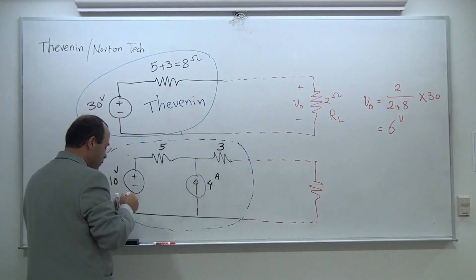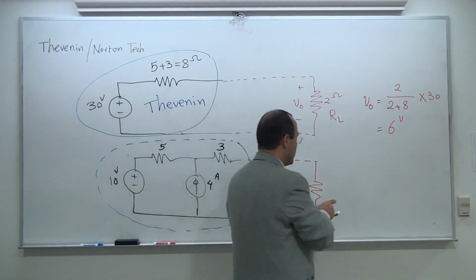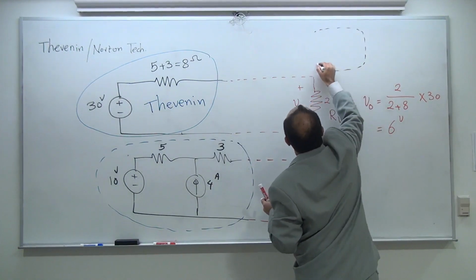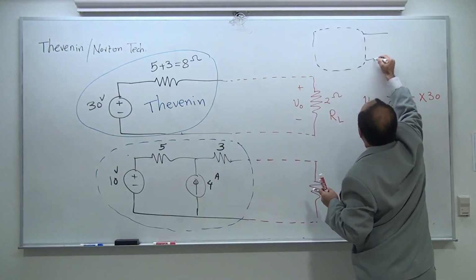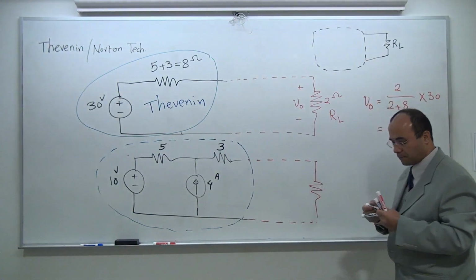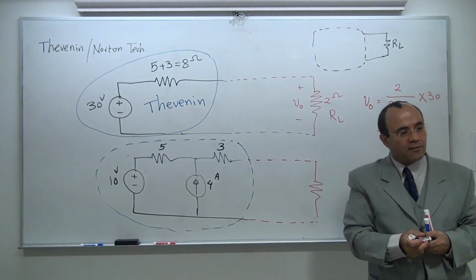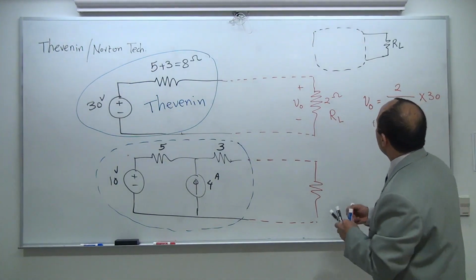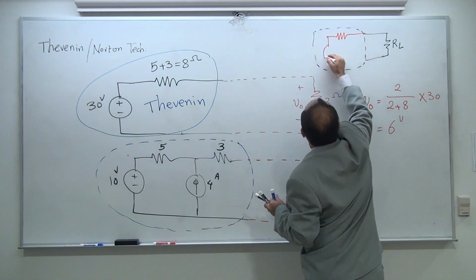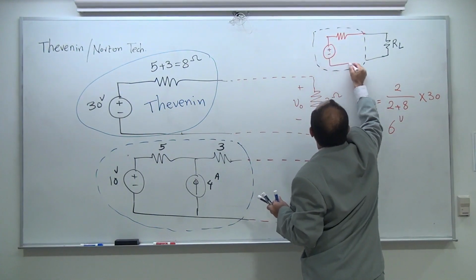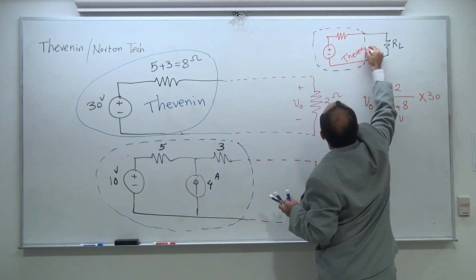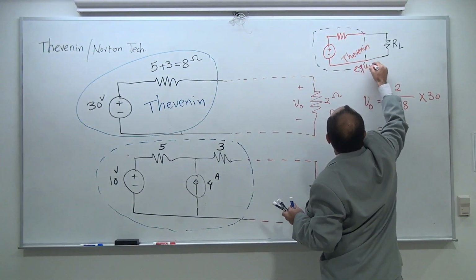Thevenin is going to be for any given block. Here is my system. This is my block. I don't know what is inside. I only know that this is linear, and this is going to be my RL. Through whatever technique you have, if you come in and say, I can give you a resistor and a voltage source, then you gave me the Thevenin equivalent design.